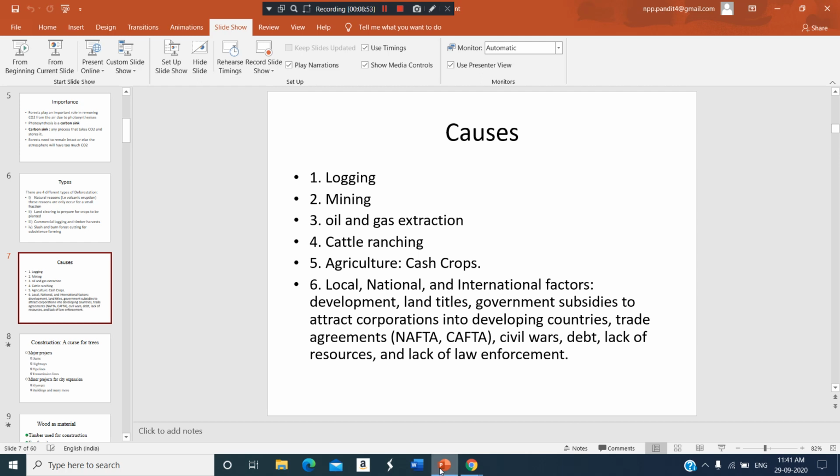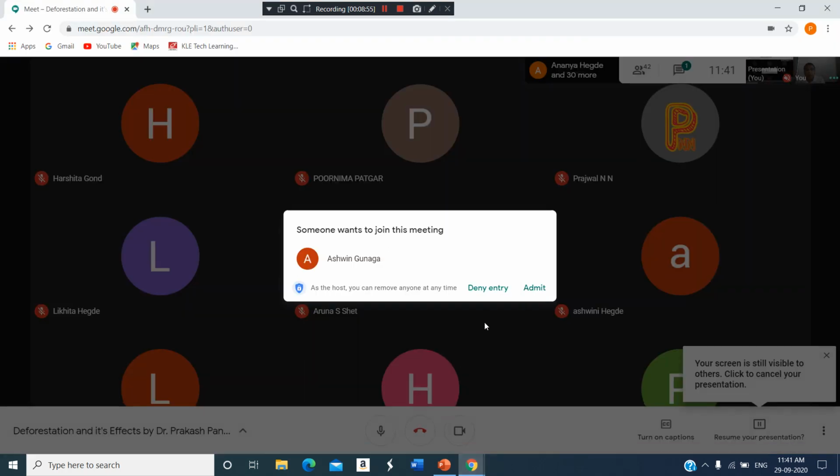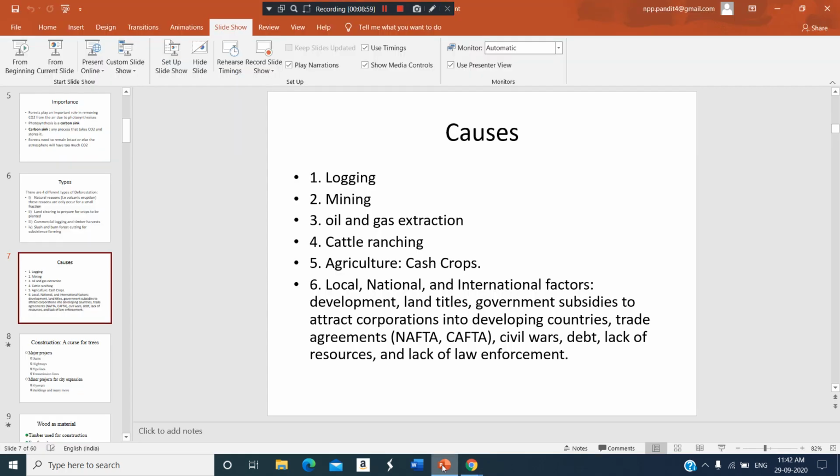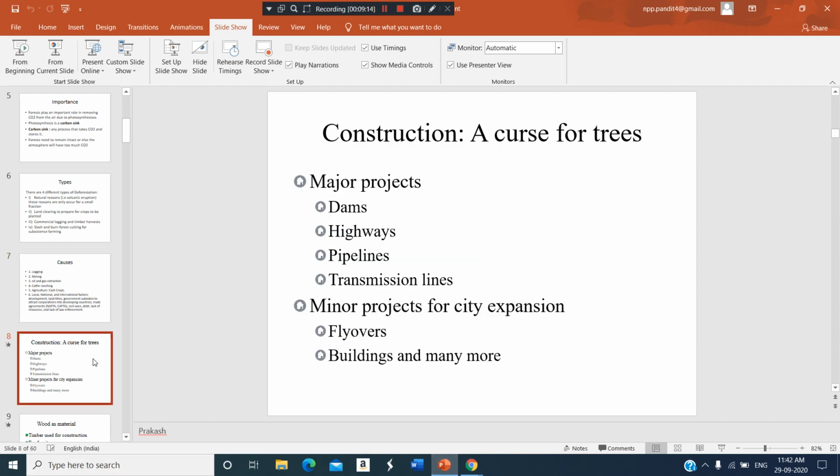So this can also cause deforestation. Then a lot of local, national and international factors, like development in the name of development, trade agreements, civil wars, or construction of roads. So many factors cause the degradation of the forest, especially major projects like constructing a dam.